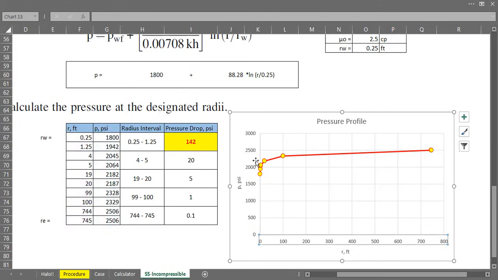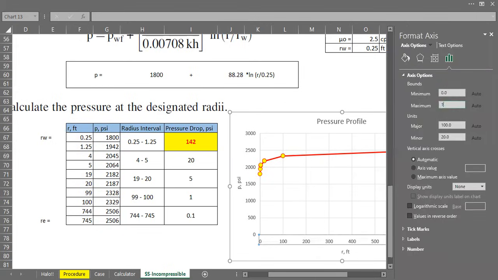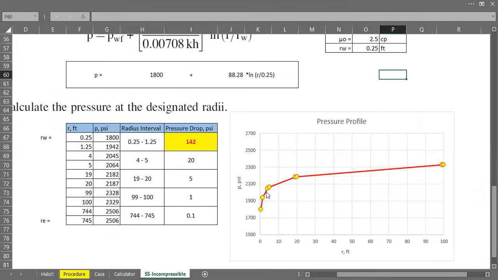If I maximize at this point, at this location, so I will format axis 100, and then let's say we start from 1500. You see, after I zoom in, the pressure drop at this location is the greatest. All right. Again, just 1 feet interval, the pressure drop is 142.